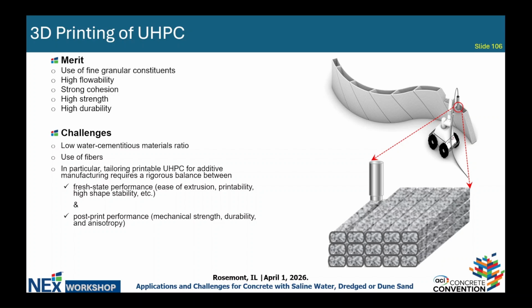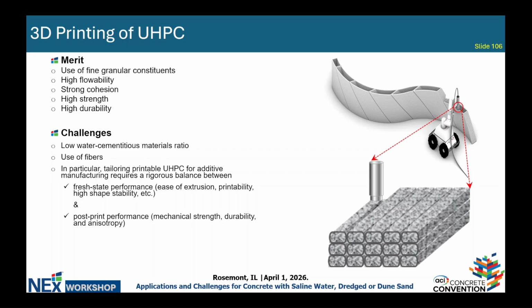There's no gravel, so the requirement for the nozzle head is relatively lower than for conventional concrete. And it has very high flowability in the fresh stage, so it can be easily extruded from the nozzle head. In addition, it has strong cohesion, high strength and durability, making it ideal for high performance printed structural elements of UHPC.